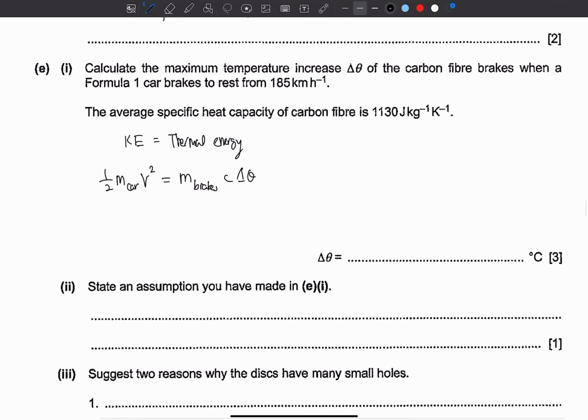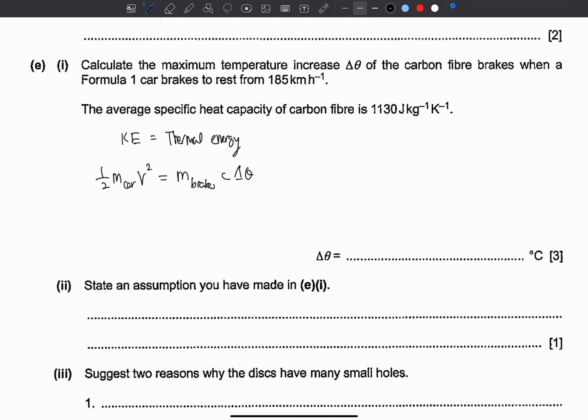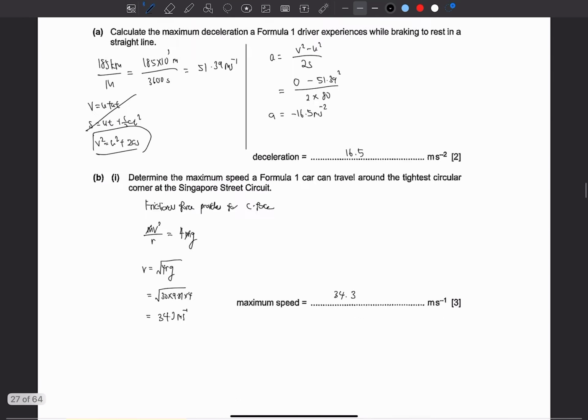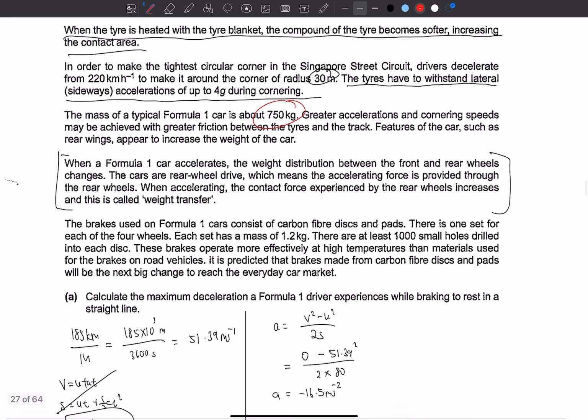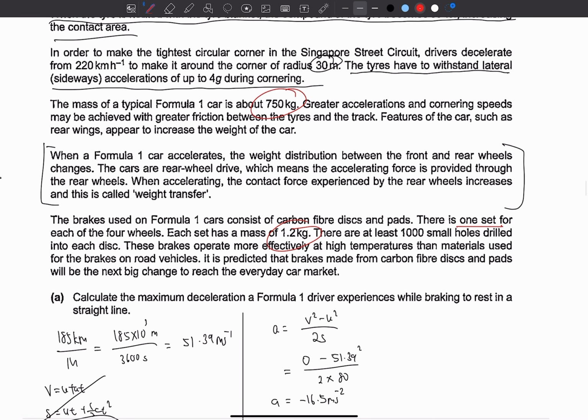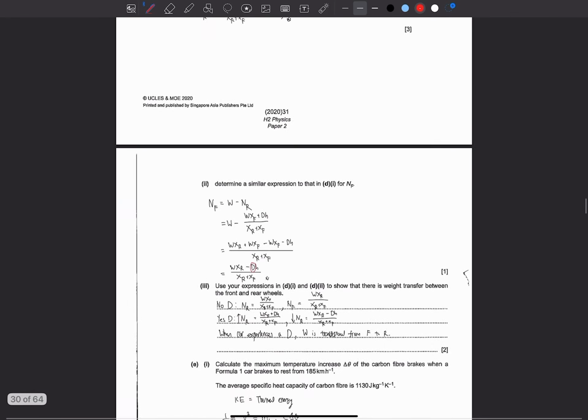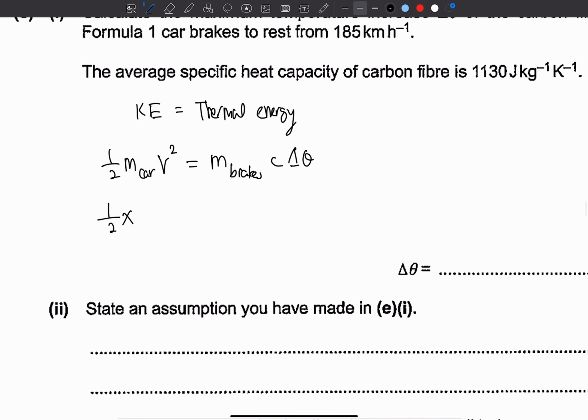Alright. So if you sub in the numbers, the mass of the car is 750 kilograms. The mass of the brakes is 1.2. However, take note that there's one set for each of the four wheels. So meaning for one wheel, the mass of the brakes used is 1.2 kilograms. Alright. So the total mass has to be multiplied by 4. 750 multiplied by the speed.